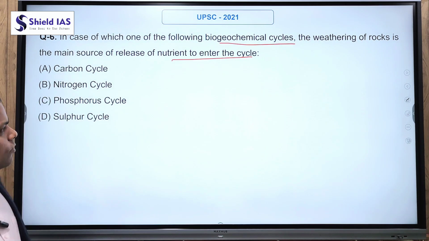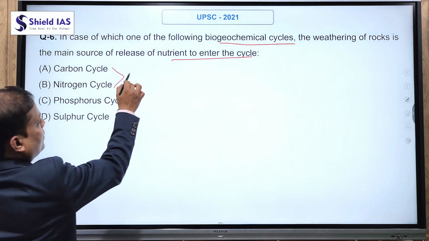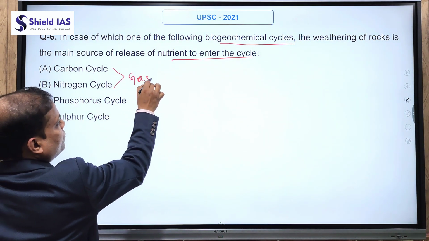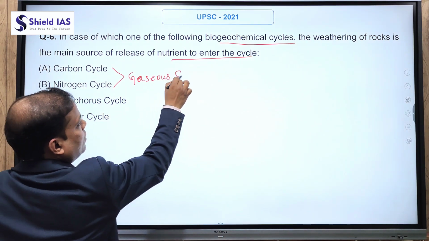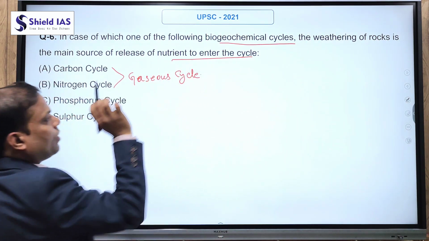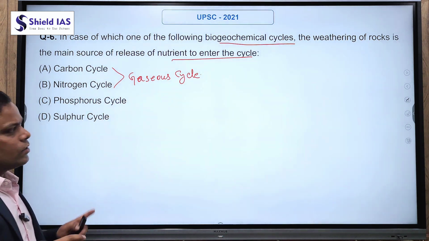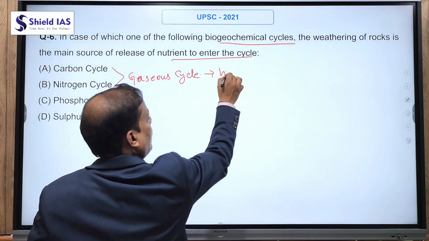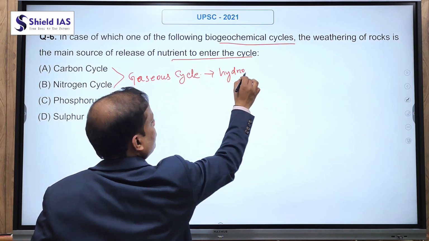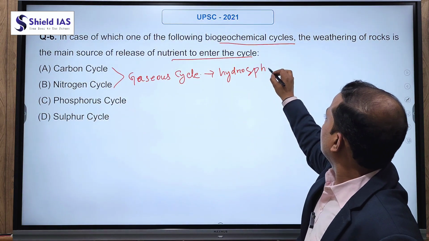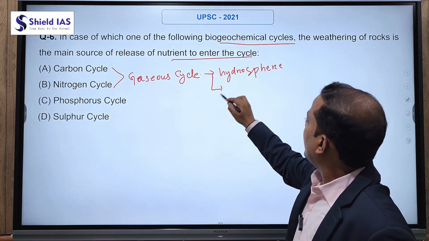These are gaseous cycles, and the main nutrient reserves of the carbon cycle and nitrogen cycle are the hydrosphere and atmosphere.